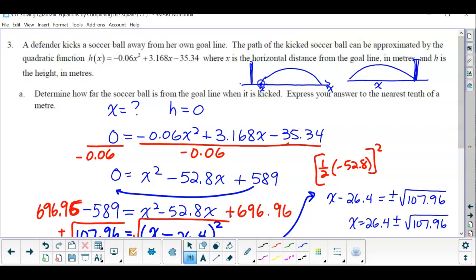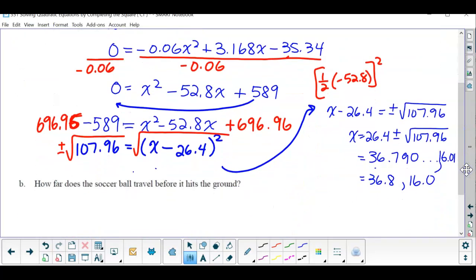This is our 16, and this is the bigger one, right? So therefore your statement answer, the defender is kicking away at 16.0 meters from the goal line.